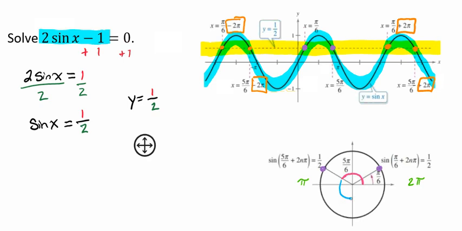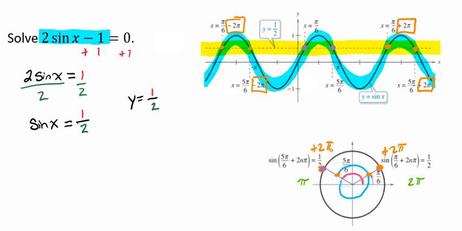So as we finish that completion around the circle and we start to go again, we're going to notice that we end up hitting the same points again. We're still hitting pi over 6 and 5 pi over 6, but now we're having to add on a 2 pi because we're in the next revolution of that circle.